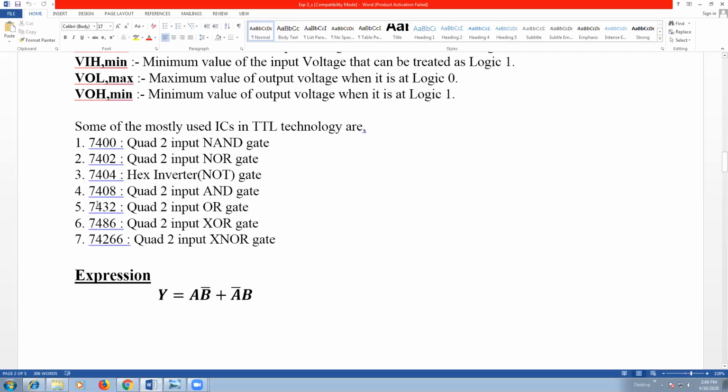Okay, so today we need three ICs. One is 7404, a hex inverter, that is the NOT gate IC. Then 7408, which is quad 2-input AND gate, and 7432, which is quad 2-input OR gate IC.